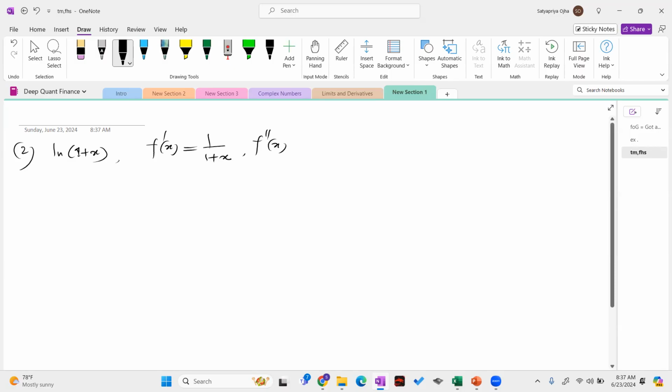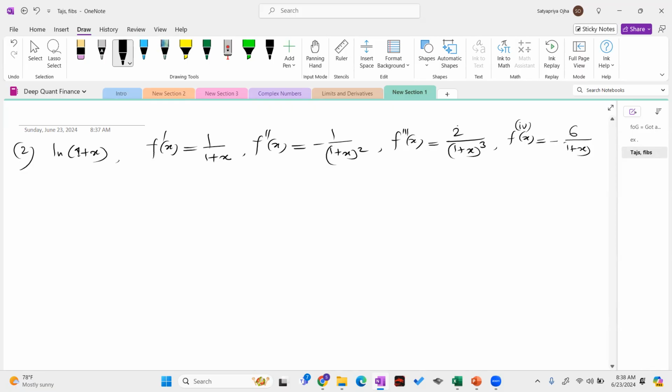Double derivative is minus 1 by (1 plus x) whole square. Triple derivative is 2 divided by (1 plus x) whole cube. Let's write one more. Fourth derivative is minus 2 times 3, right? That is minus 6 divided by (1 plus x) to the power 4.